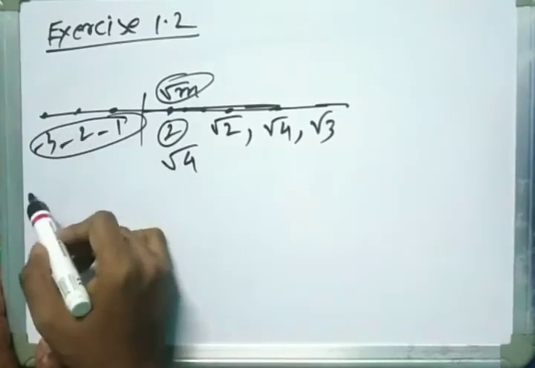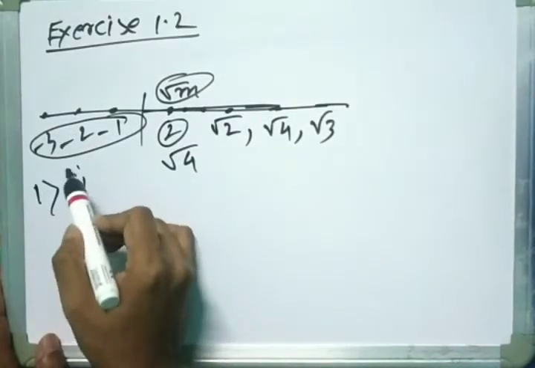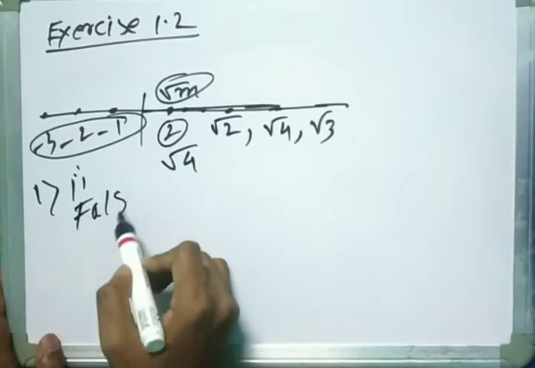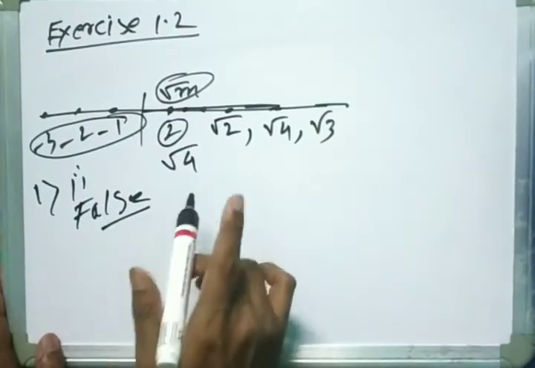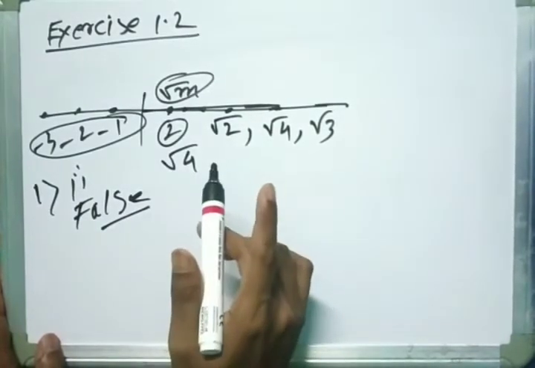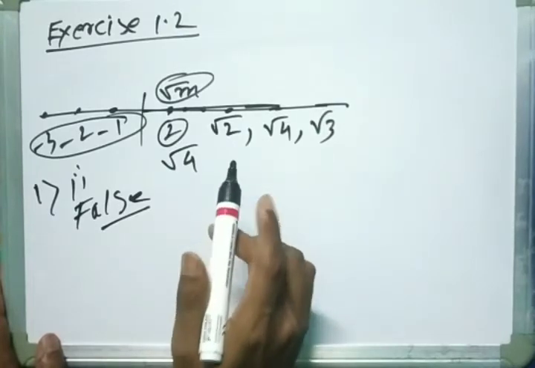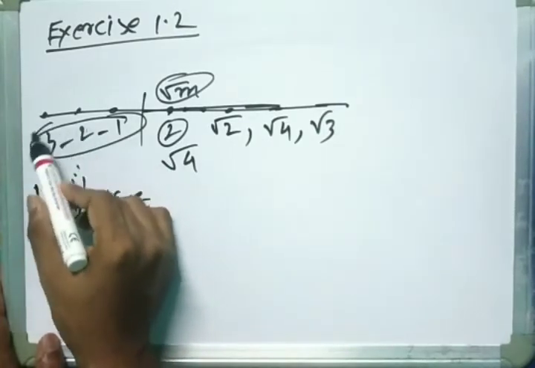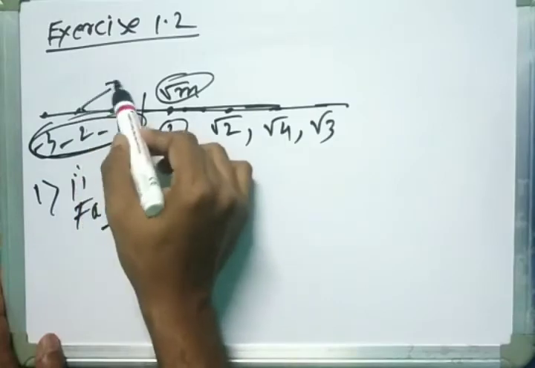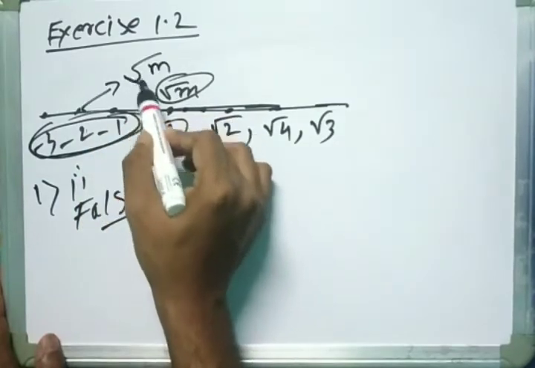So this statement is false, that every point on the number line is of the form root m. We cannot write these numbers in the form of root m.